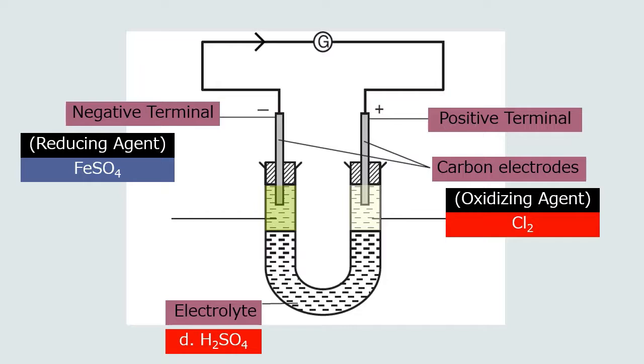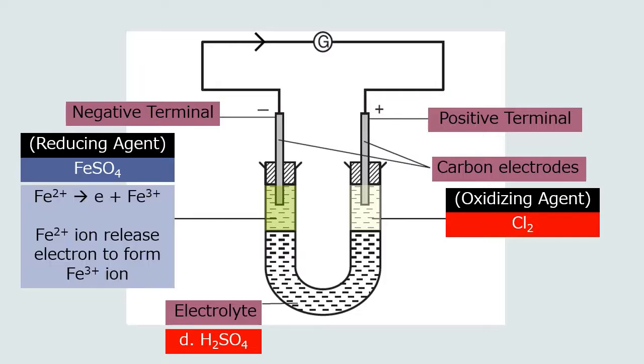Look at what happens. Iron(II) ions release electrons to form iron(III) ions. Iron(III) ions have a different color from the iron(II) ions.